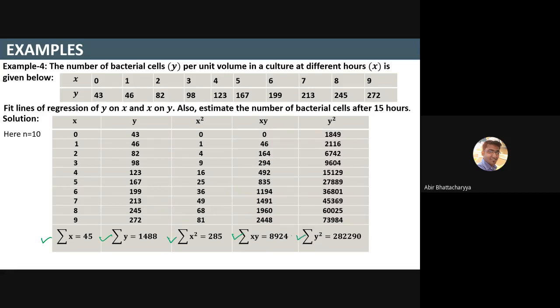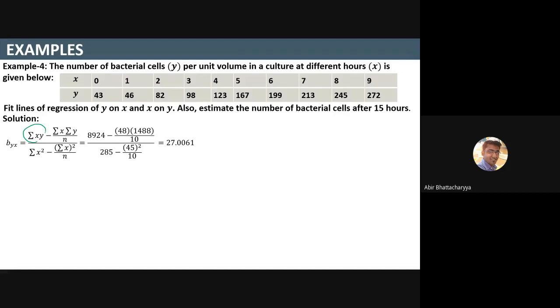Now you have to calculate using the formula. The formula will give us bxy and byx. What is byx? byx is the covariance of xy by sigma x, not sigma x actually, sigma x squared. It means summation xy minus summation x summation y, divided by n.